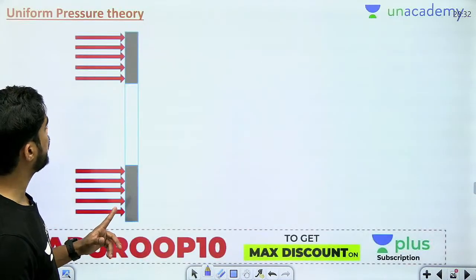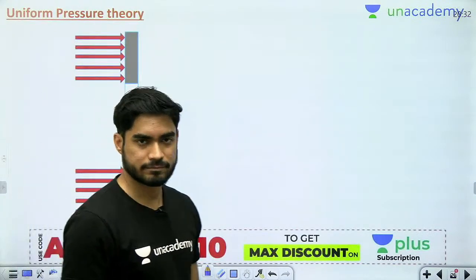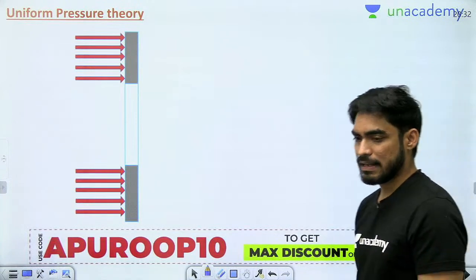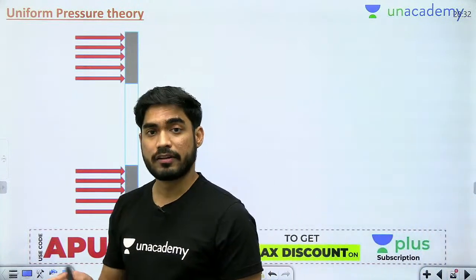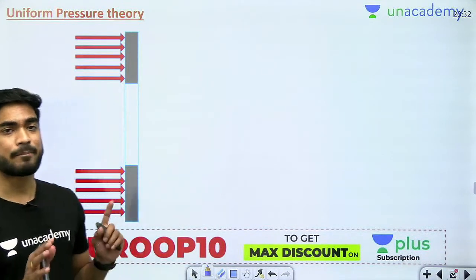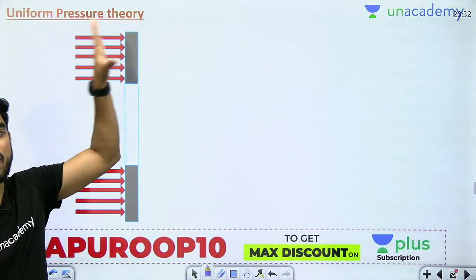So first we will see uniform pressure theory. What is uniform pressure theory? According to uniform pressure theory, when the clutch is new, I can assume that the pressure on the plate is constant.